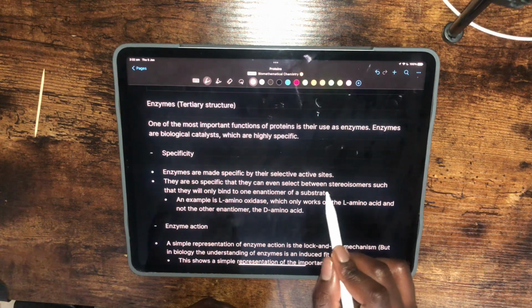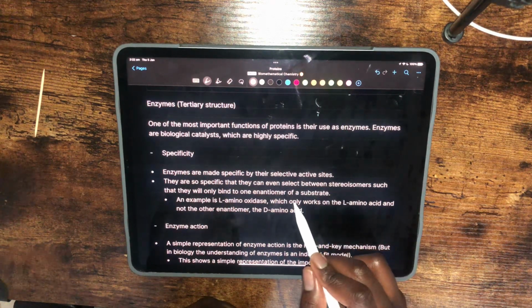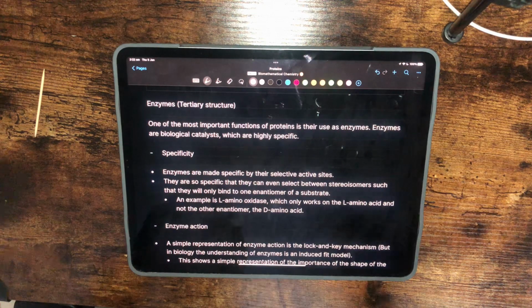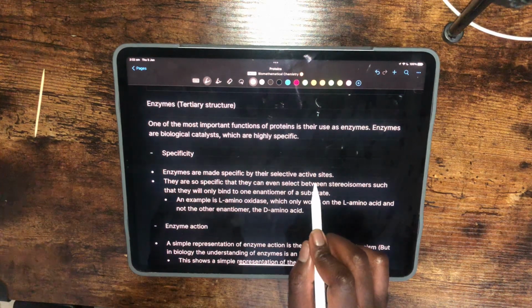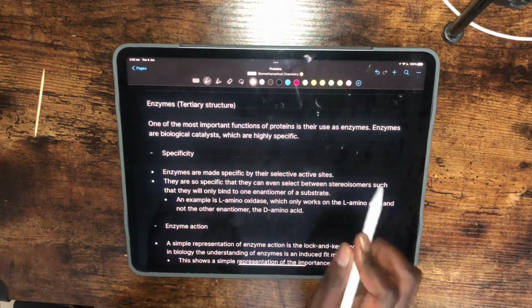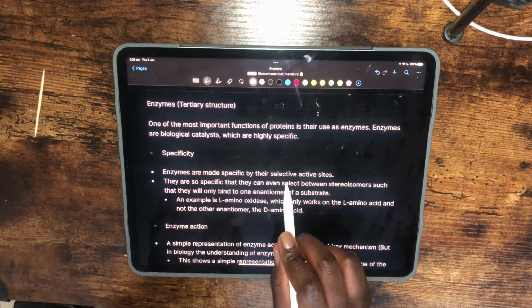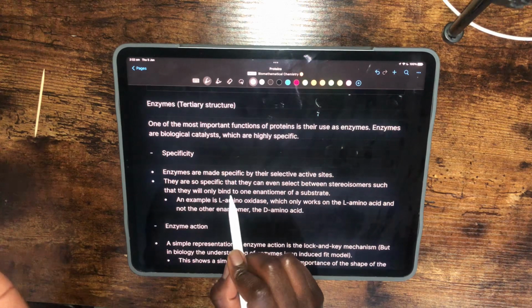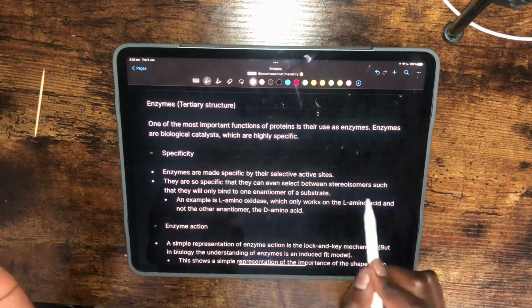Sorry, I'm getting my words muddled up here. Enzymes have a specific tertiary structure active site which is complementary to the substrate, and that allows ES complexes to form. But they're so specific that they can even select between stereoisomers.